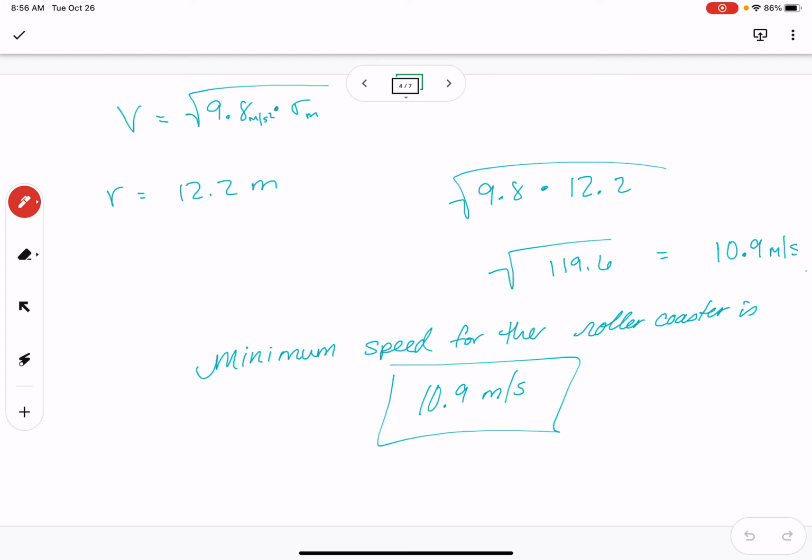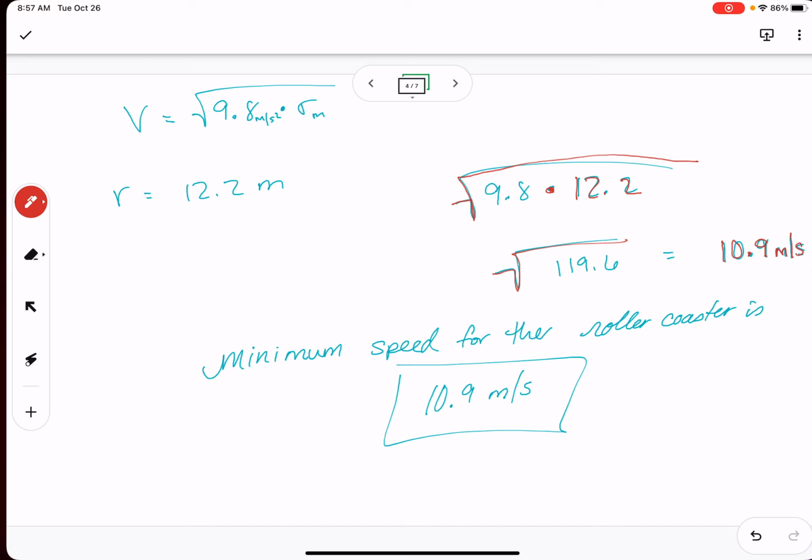So we plug that 12.2 in, and we've got the square root of 9.8 times 12.2. We multiply that and I got 119.6. Take the square root of 119.6, and that gave me 10.9 meters per second. And that is the minimum speed the roller coaster can go, 10.9 meters per second.